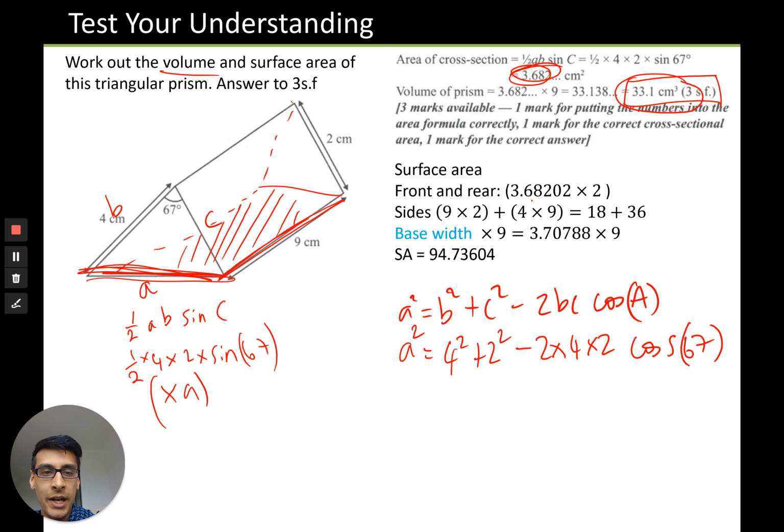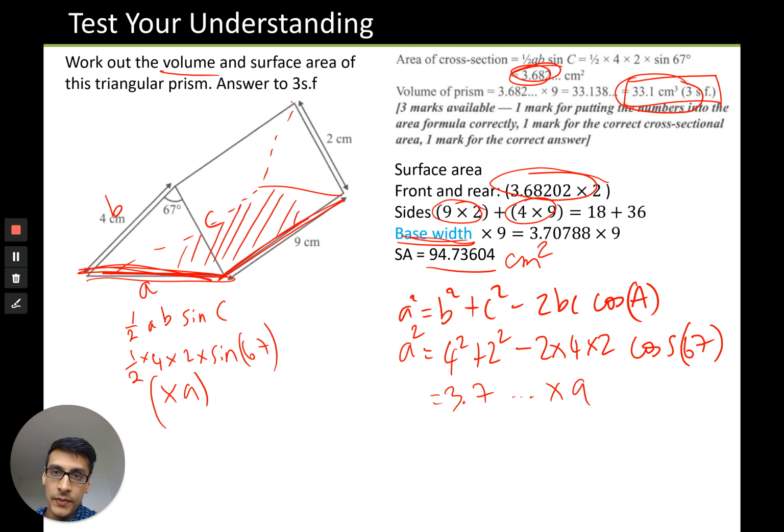So the front and rear is the 2 triangles. And then you have the front face, the back face, and don't forget the base length, which we just worked out, which was 3.7 something times 9. Add it all together and you should get 94.73 centimeters squared.